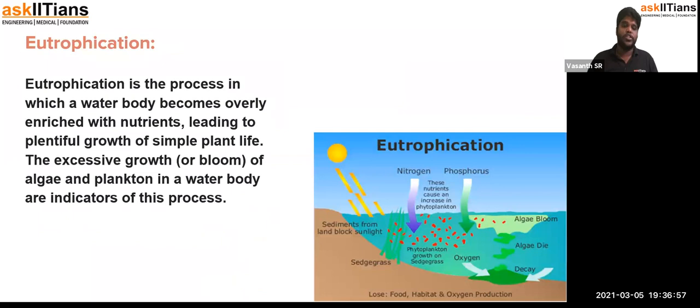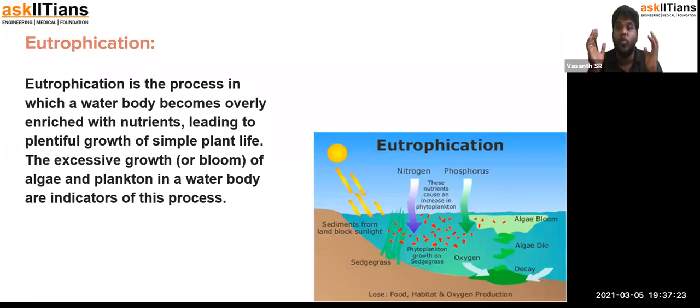So eutrophication, this is where water bodies are enriched with organic material and nutrients that lead to abundant growth of plant life, and usually microalgal blooms. These algal blooms are a very good sign of eutrophication.